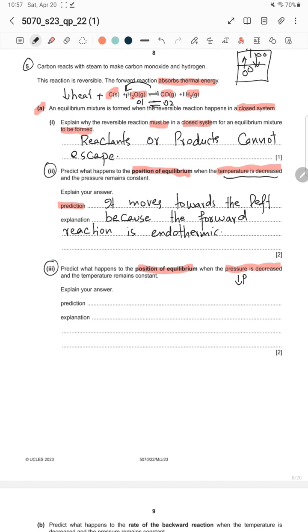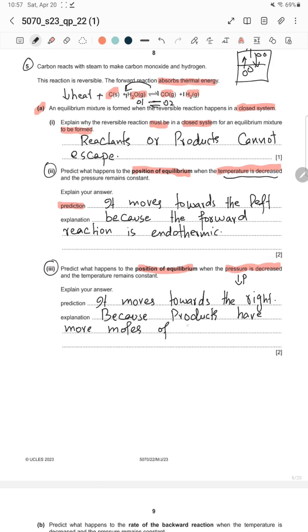The more moles are on the right, the product side. So equilibrium moves towards the right, or products, because products have more moles of gases.